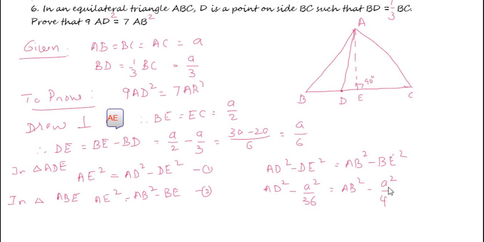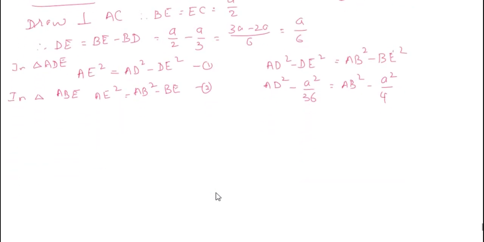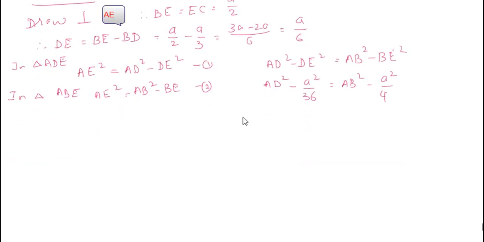We will take A square by 4 to the left side. AD square plus A square by 4 minus A square by 36 is equal to AB square.